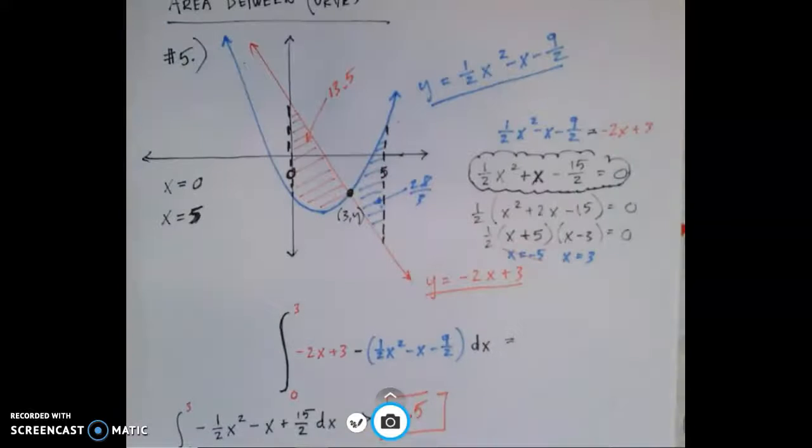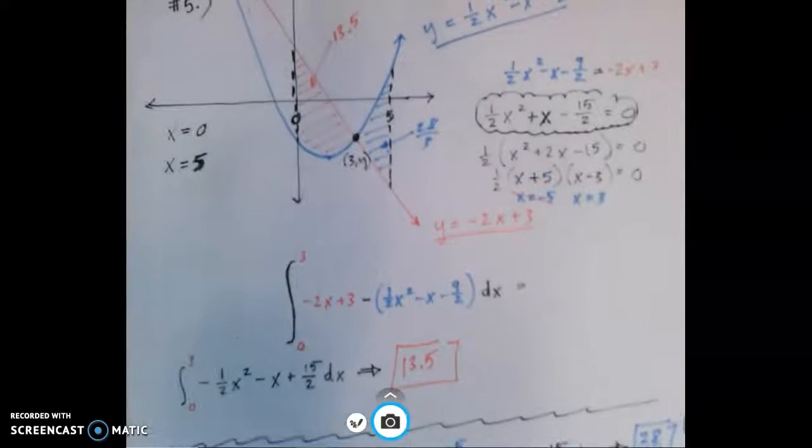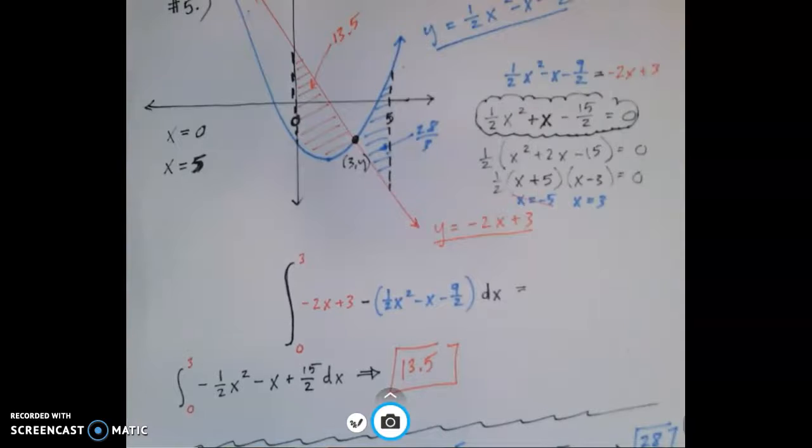From this point, we can integrate this two ways. We can integrate it by hand, which means we'd add 1 to that exponent and divide by the new exponent, add 1 to this exponent and divide by the new exponent, and so on. That's a different problem altogether. But what I'd rather you do in this case, I think the biggest part here is determining the intersecting point and determining which function goes first.